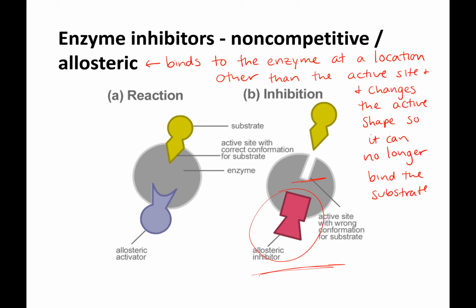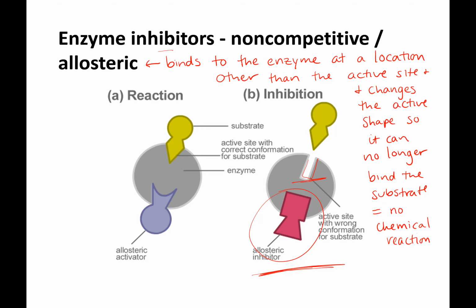Okay, so we're really focusing on this half of the diagram. I'll talk about the left half in just a second. An allosteric inhibitor is going to bind somewhere on that enzyme, and it's changing the active site. So now you can see that that little diamond shape is not going to fit into the active site. It says wrong conformation, and that equals no chemical reaction. Okay.